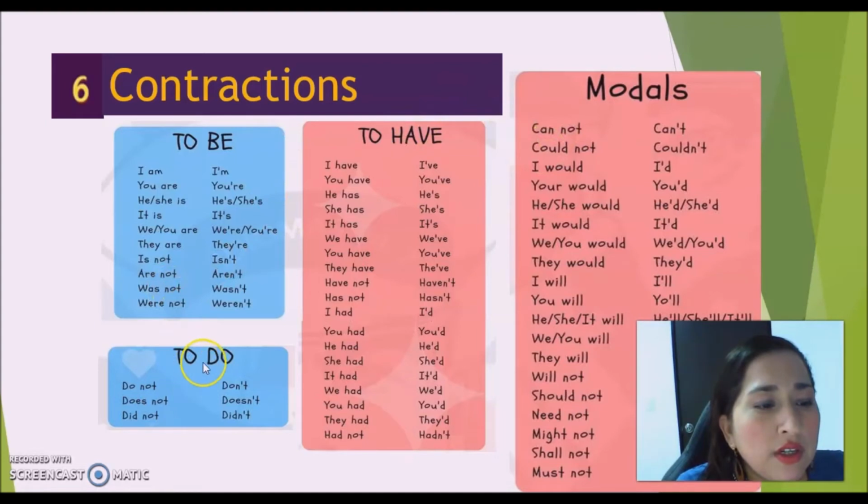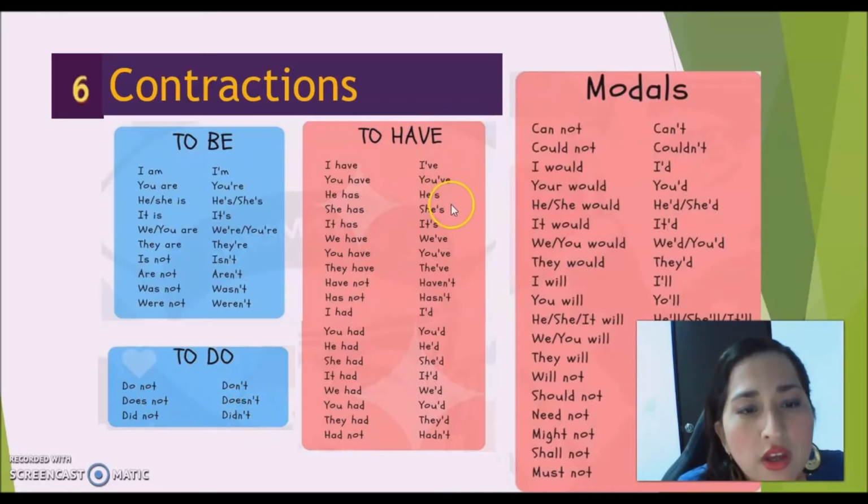With the verb do: don't, doesn't, didn't. I've, you've, he's, she's. Okay, and with modal verbs we usually use contractions. Can't, couldn't, shouldn't, they'll, I'll. Okay.